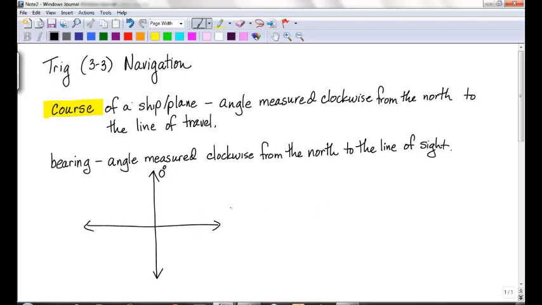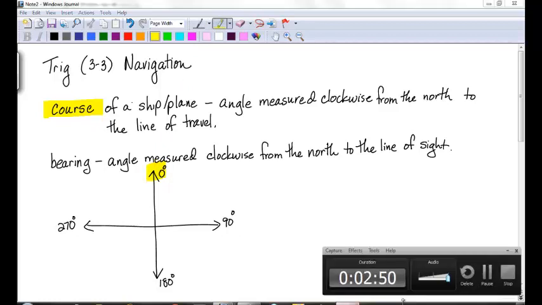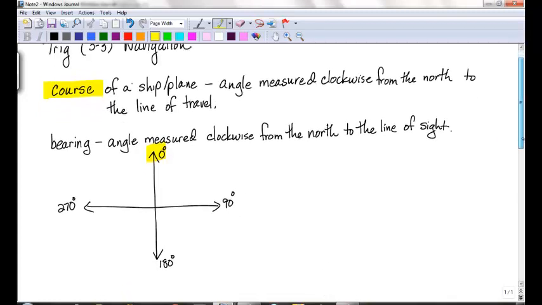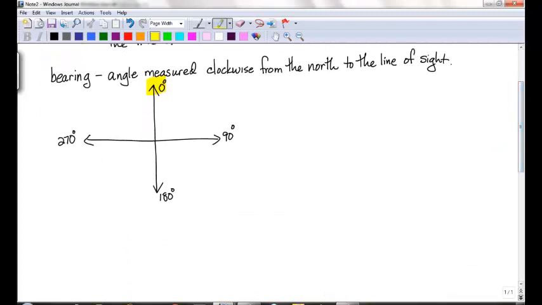Clockwise, so if we go clockwise, this would be 90 degrees. This would be 180 degrees if it's going straight south. This would be 270 degrees. So the difference is 0 is straight up. So basically you're figuring everything clockwise from the north. Navigation is a little bit different.